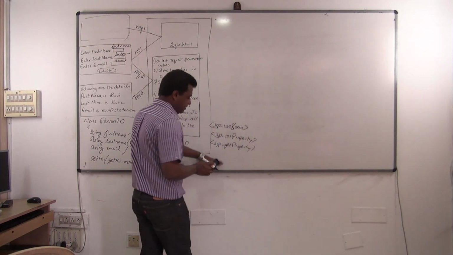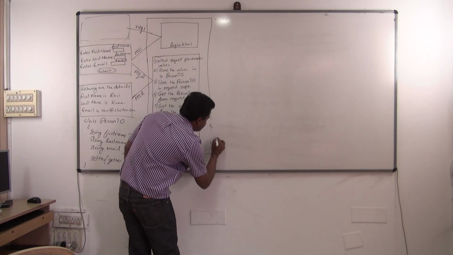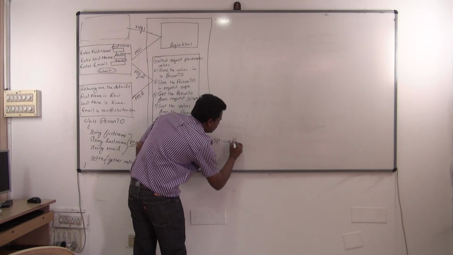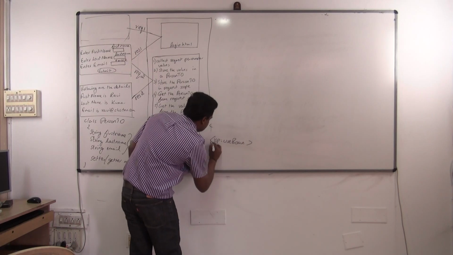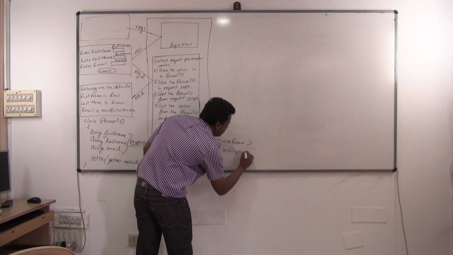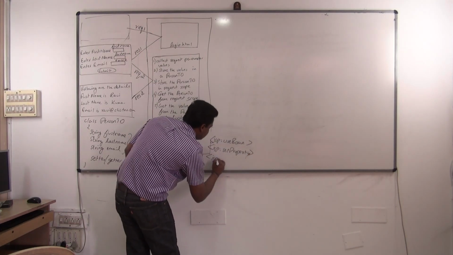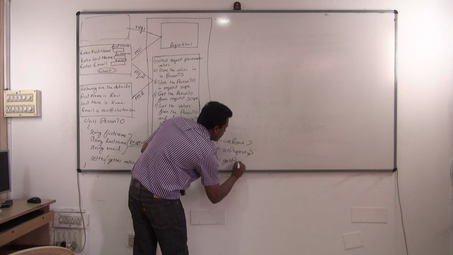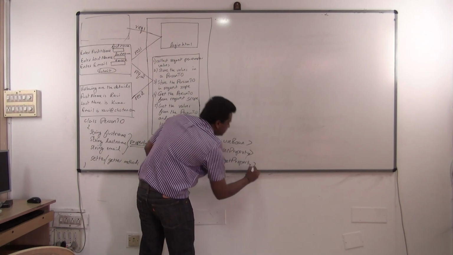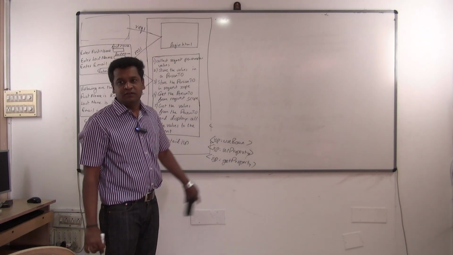I'll bring it down because I need space. jsp:useBean, jsp:setProperty, jsp:getProperty. If you use these tags, the same logic will happen, but without Java code.